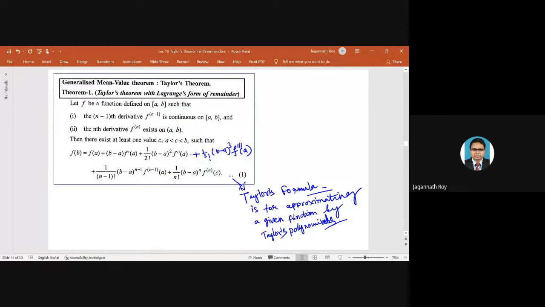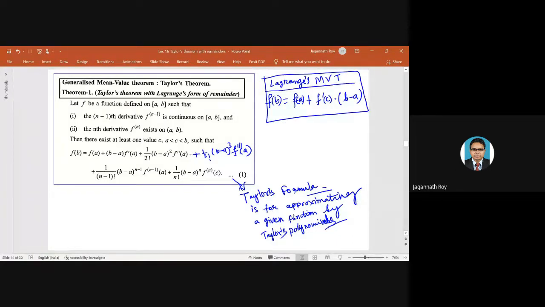Now, as you have seen earlier, we had f of b equals f of a plus f dash of c into b minus a. So this is Lagrange's mean value theorem. Lagrange's mean value theorem states that f of b equals this function. Now, if you want to generalize this, the generalization is actually Taylor's theorem.